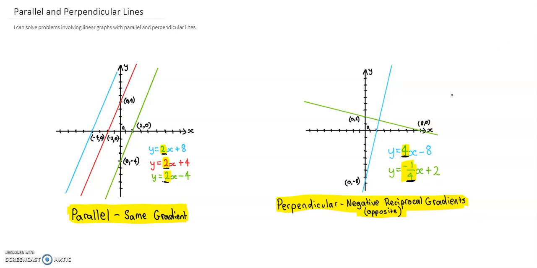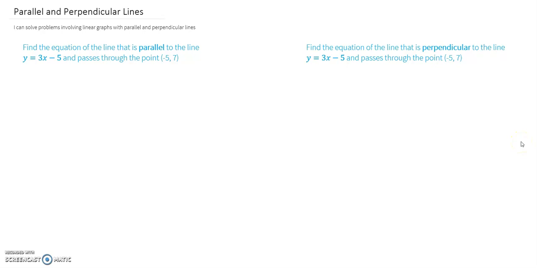Now let's actually try to practice finding some equations for these lines. All right, so I've got two example questions here. Both of them are pretty similar. Both of them we're going to be finding the equation for a line that relates to this line here, y equals 3x plus 5. And both of the lines are going to go through the point negative 5, 7.